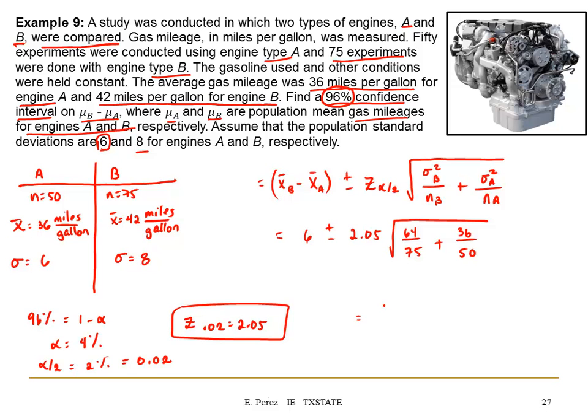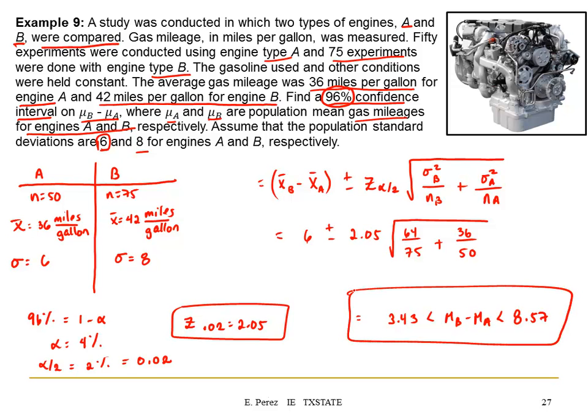So finally, you will have 3.43 less than mu B minus mu A less than 8.57.